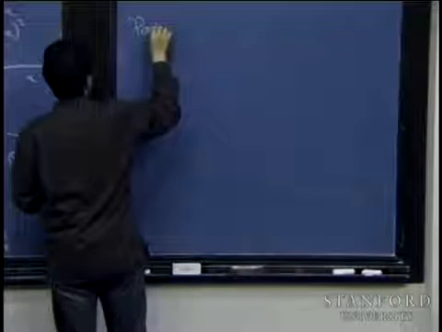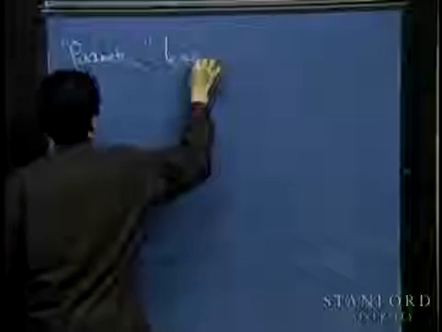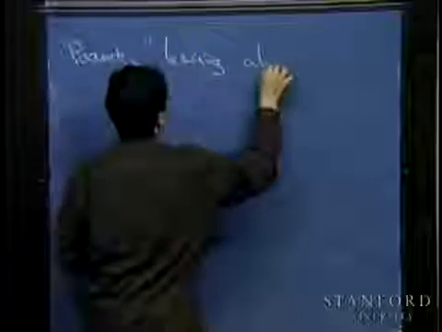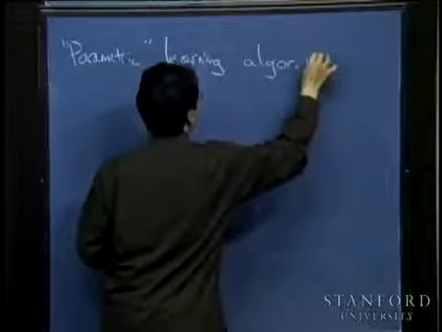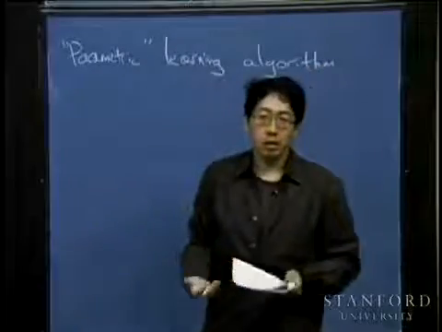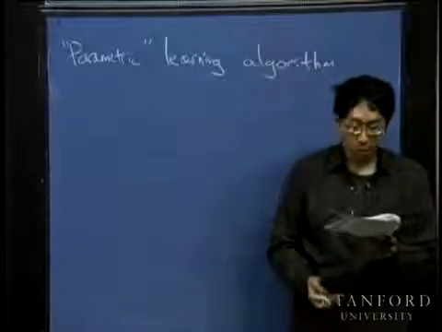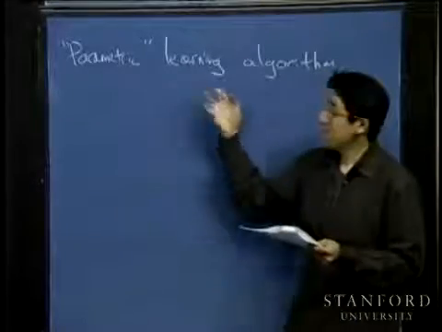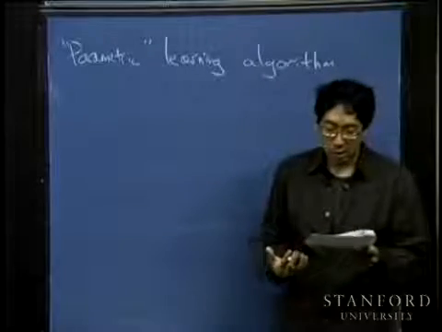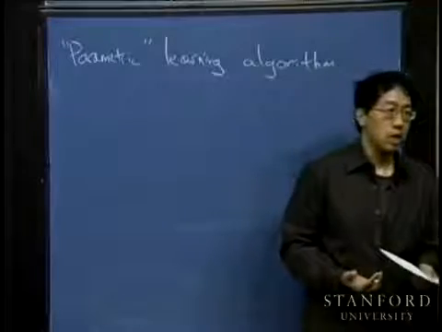Let me just define the term. Linear regression, as we've defined it so far, is an example of a parametric learning algorithm. A parametric learning algorithm is defined as an algorithm that has a fixed number of parameters that is fit to the data. Okay?